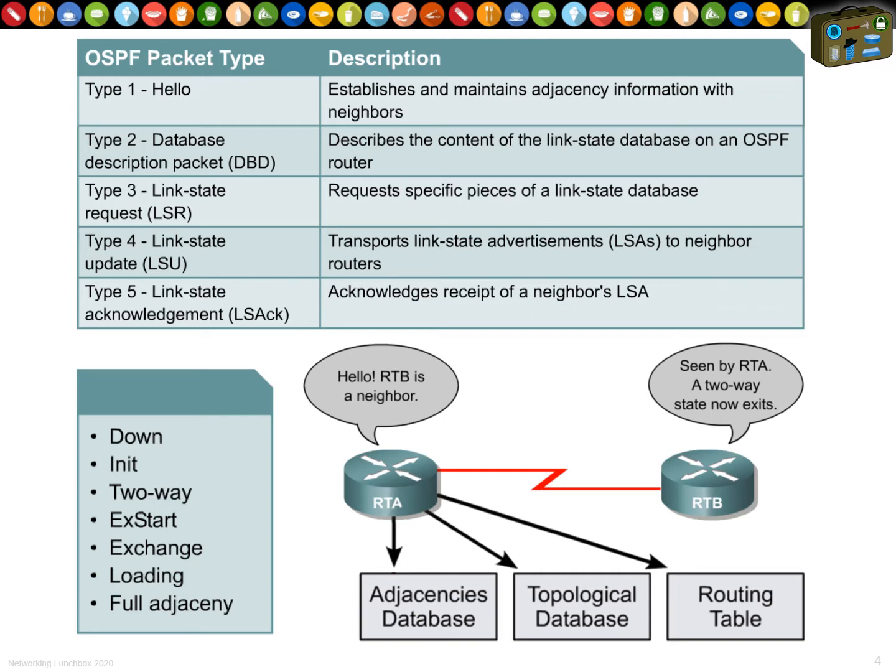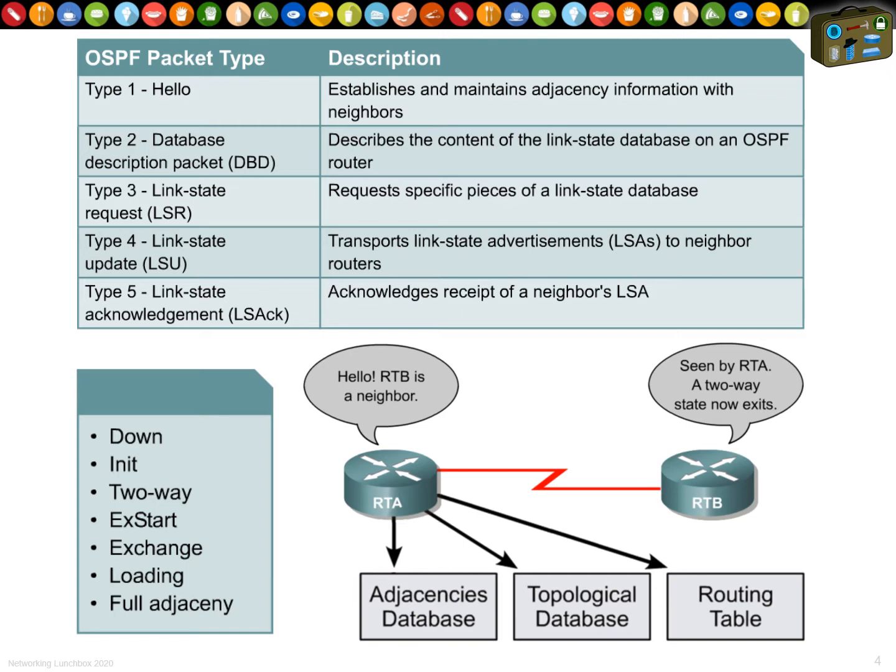So the next time he sends out his hello, he says, hello everybody, I'm router A, and I have a neighbor called router B. And now they both know that each other exist, and therefore they're in two-way. They can both see each other in each other's hello packets.